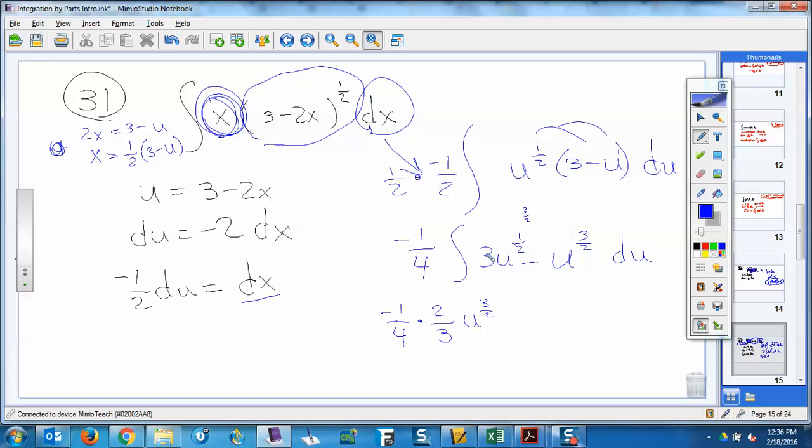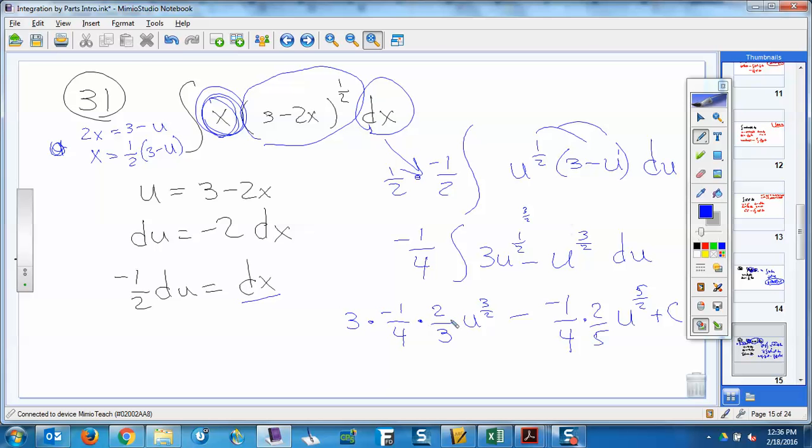And I forgot this 3 too, didn't I? I've got to remember that 3. I'm going to stick that on there also. Okay? And then minus, and now I've got this negative 1/4 again. Raise that up to 5/2 and divide by 5/2, which would be 2/5 u to the 5/2 plus c.